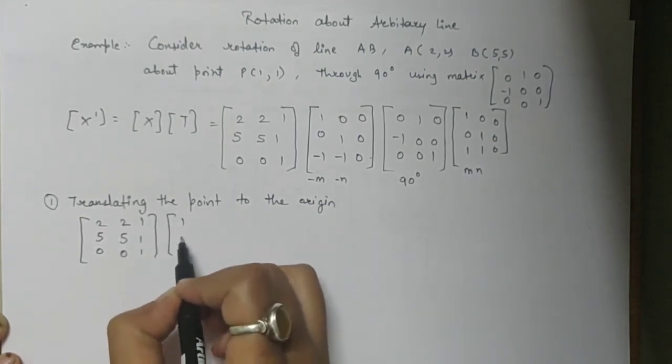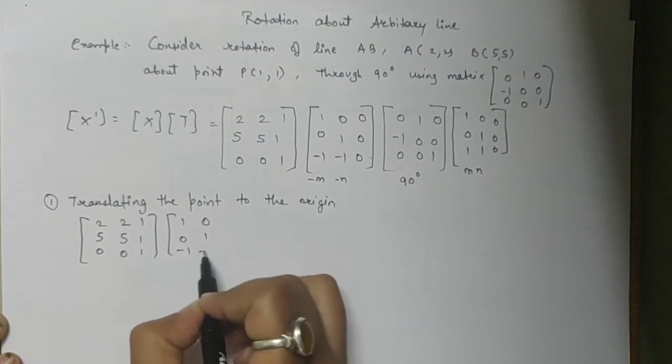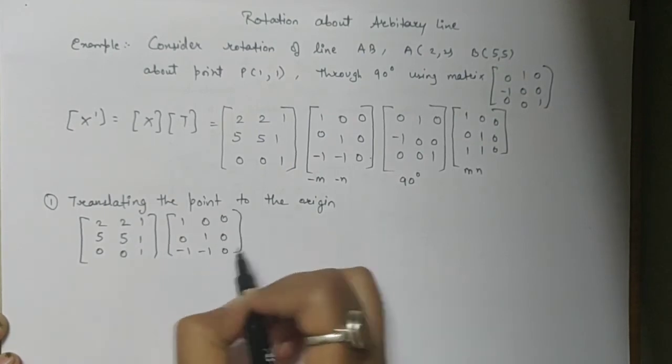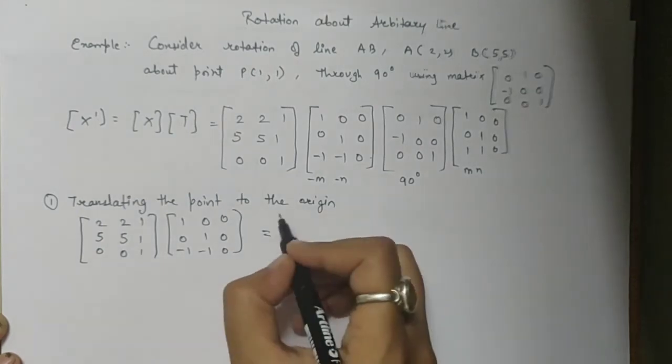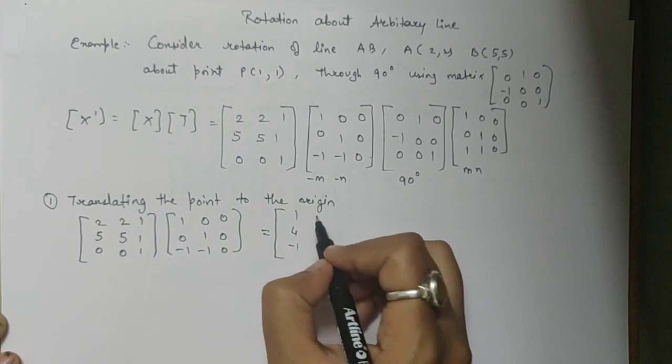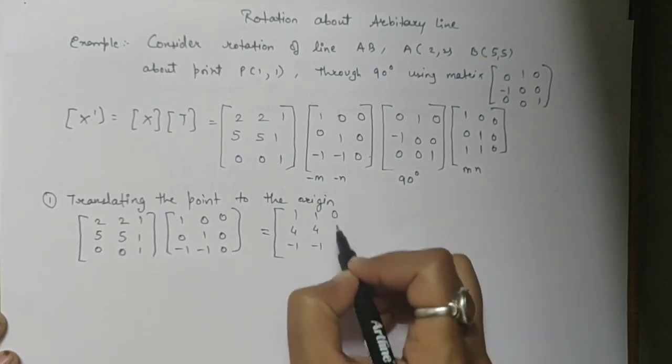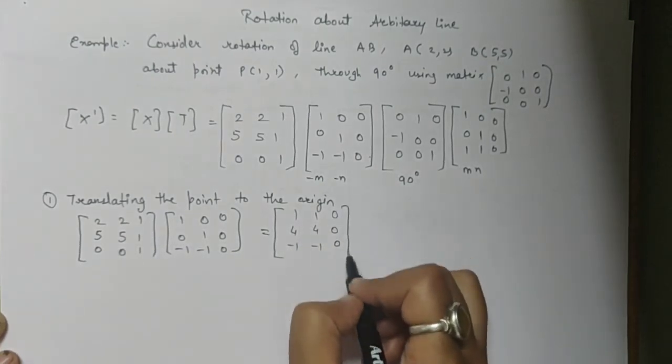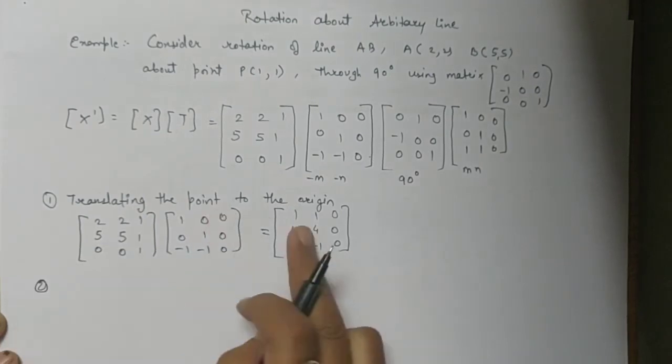The second matrix is 1, 0, minus 1; 0, 1, minus 1; 0, 0, 0. By calculating these two, I got the answer 1, 4, minus 1; 1, 4, minus 1; 0, 0, 0. This I have got by translating the point to the origin.